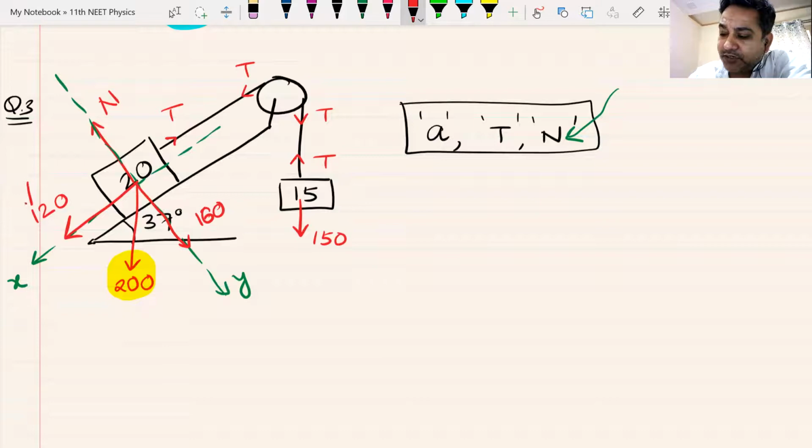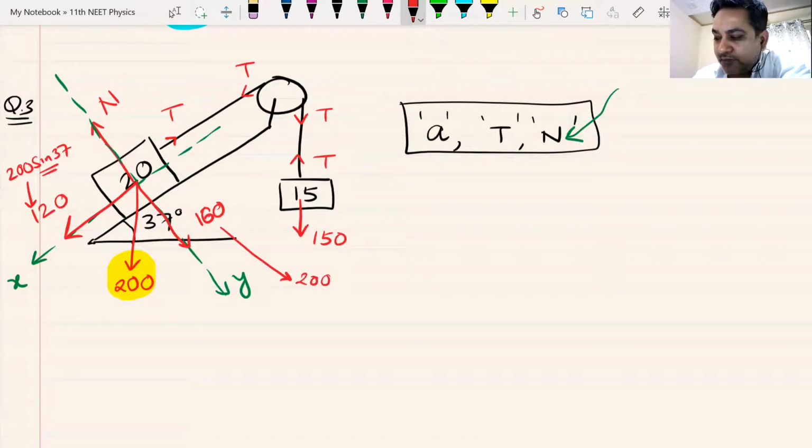This 120 is 200 sin 37, and this 160 is 200 cos 37. As soon as I have resolved these forces, this 200 does not make any sense, so I remove it so that it does not create any confusion.